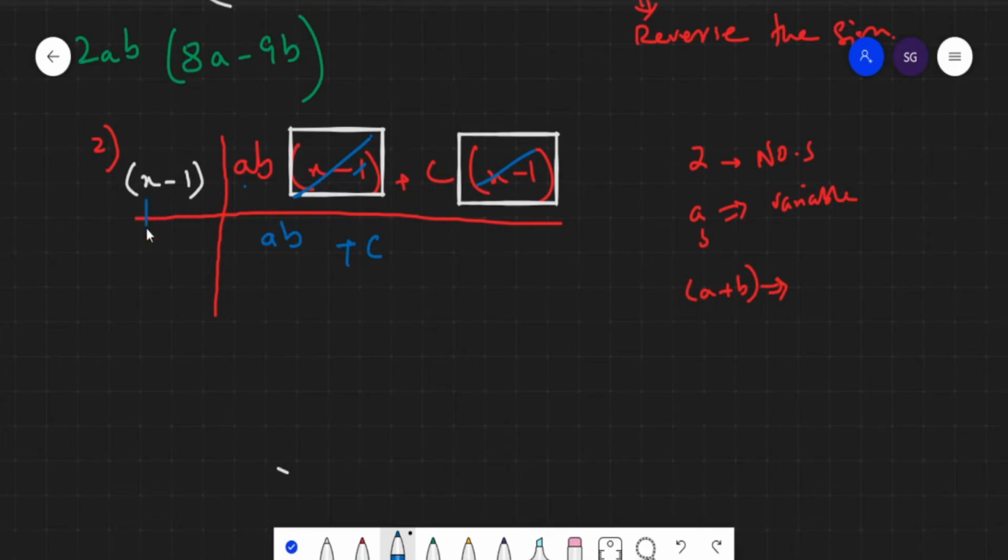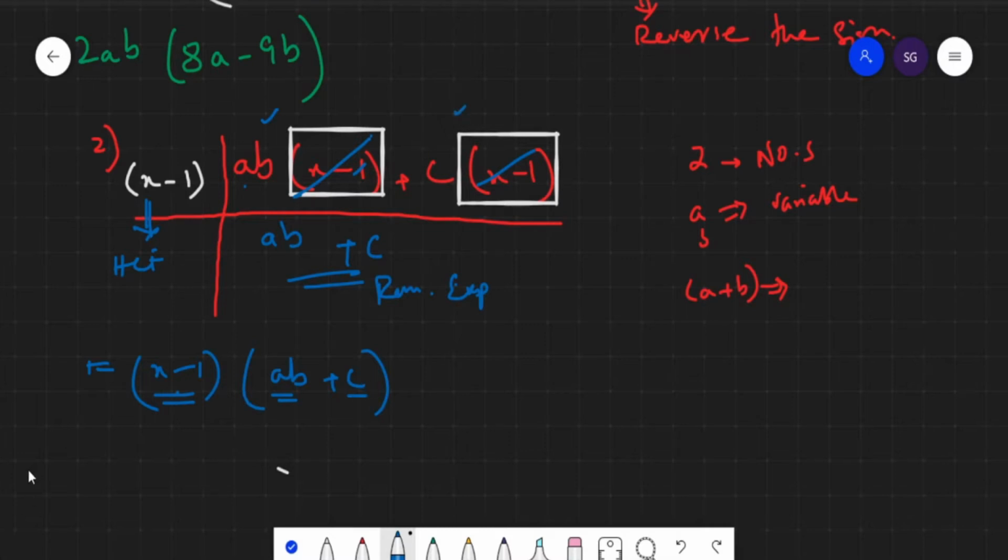And so this happens to be our HCF, and this is our remaining expression. So the factorization of this would be x minus 1 times ab plus c. And you can always multiply it back to check. So x minus 1 times ab would give you this term. x minus 1 bracket times this c would give you the second term.